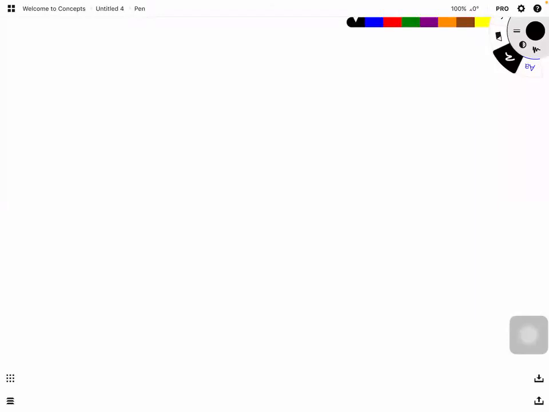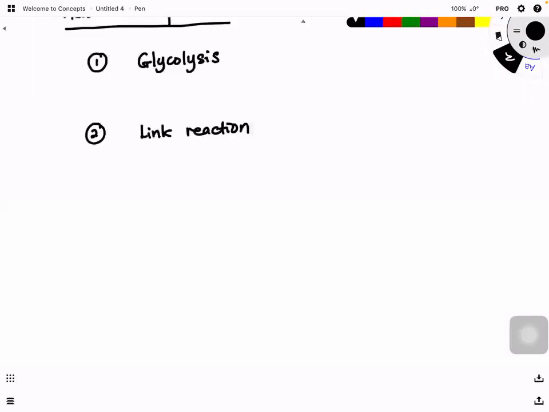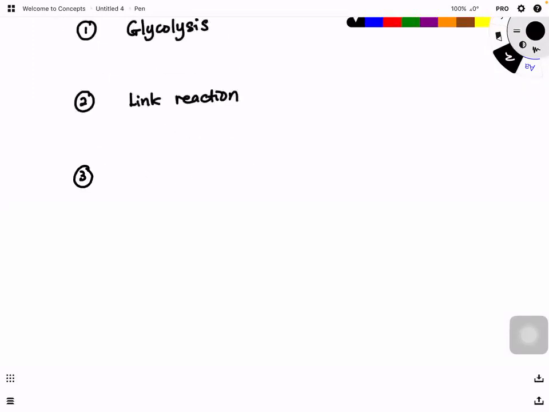So aerobic respiration involves 4 stages. The first stage is termed glycolysis, followed by the second stage called the link reaction, and then the third stage is termed the Krebs cycle, and number 4, oxidative phosphorylation.